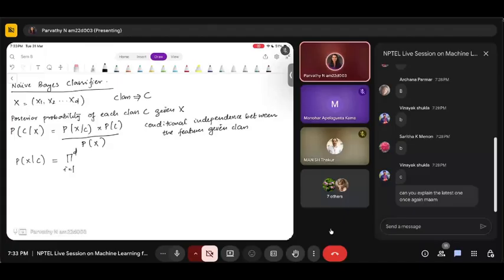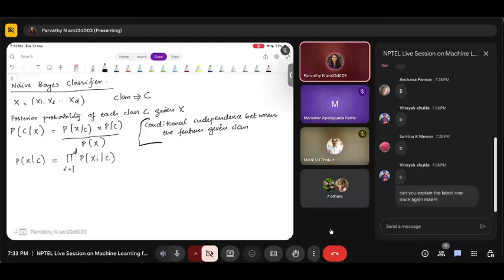We have D features, so product of probability of xi given C. This is the main thing used in the Bayes classifier: the naive assumption is that there is conditional independence between the features given a class C.